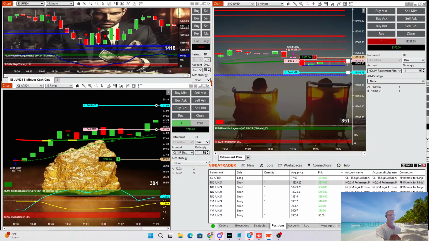Nasdaq's having a hard time getting through that area right there of resistance, support actually. But if it does break through, we're going to be right here ready for it.